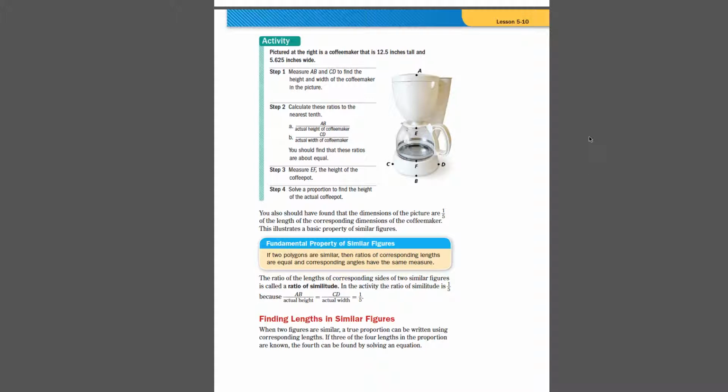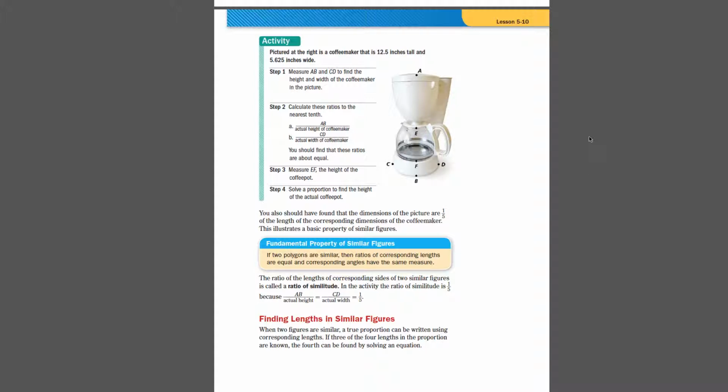So we measure AB, and you should get that that's about 2.5 inches. So try measuring that. Then you take the width, from C to D, and I'm getting that that's about 1 1/8 inch. So you've got those two things, and now we can calculate the ratios. The ratio of the height in the coffee pot picture to the actual height is going to be about 0.2.